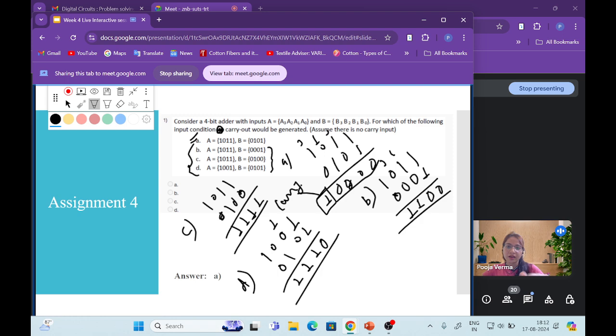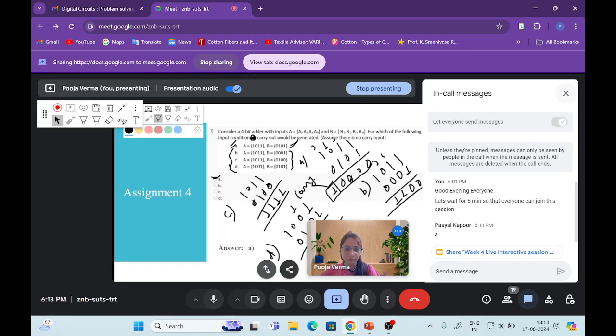If carry out is generated, only option A. So there is a mistake in the question, 'no' should not be there, and option A is correct in that case. Otherwise, if multiple options are allowed, then you have to tick B, C and D. Okay, I hope all of you understand this. So moving to the next question.